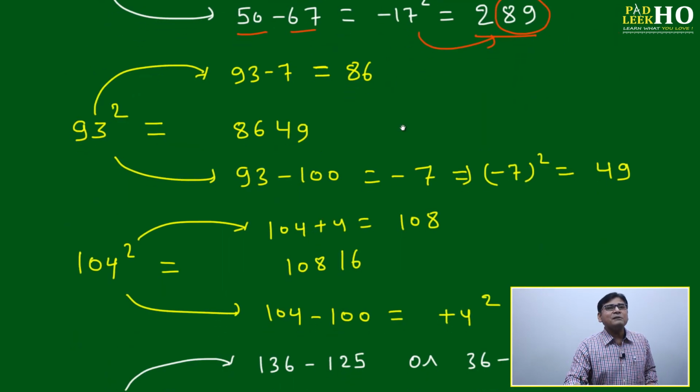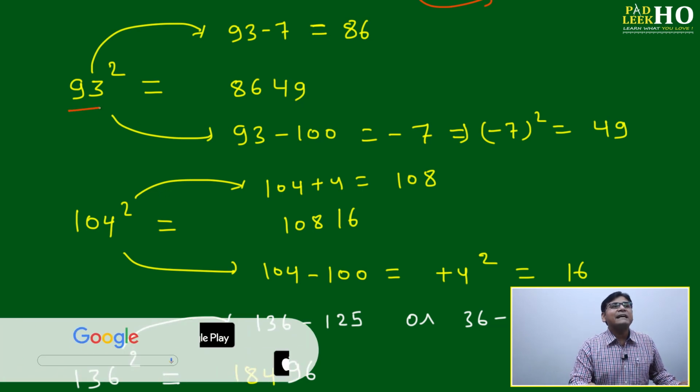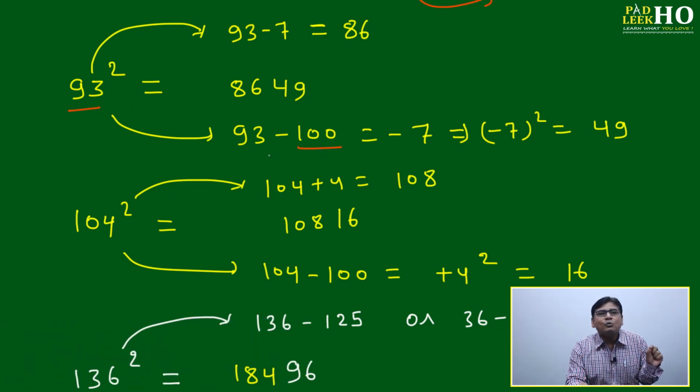Now next, if the next slab is 75 to 125, take 93 square. What do we have to do? We take the base 100, but with one modification. Compared with the slab 25 to 75, here you always take number minus 100, because whatever mathematical sign you get will affect your answer.